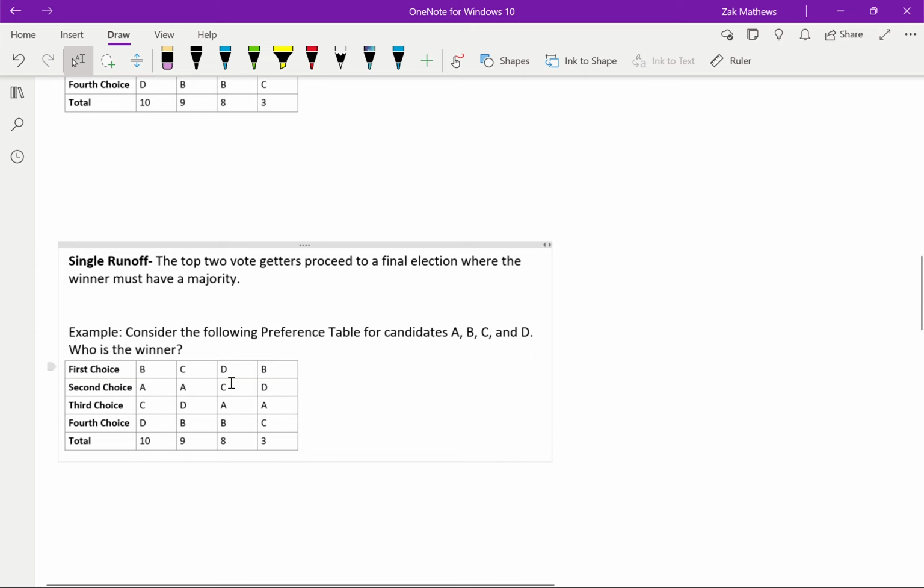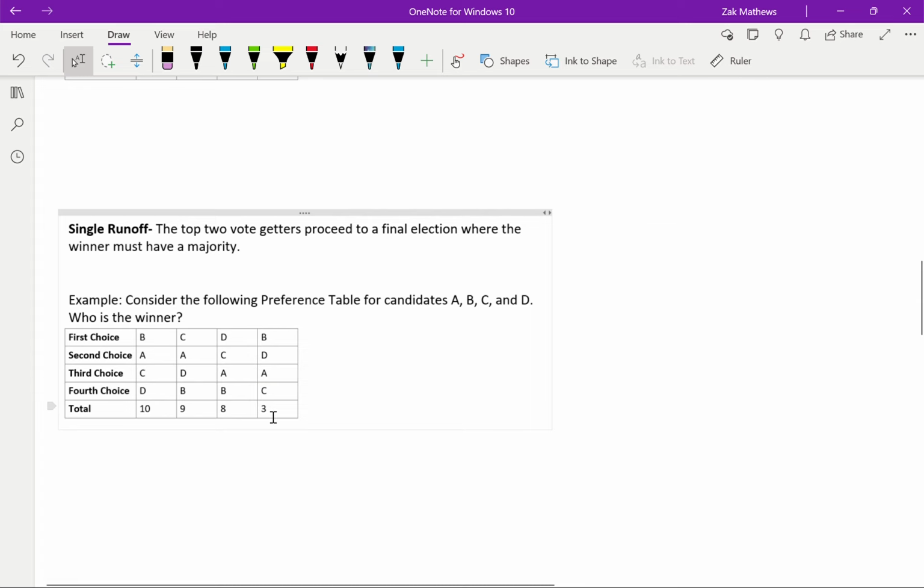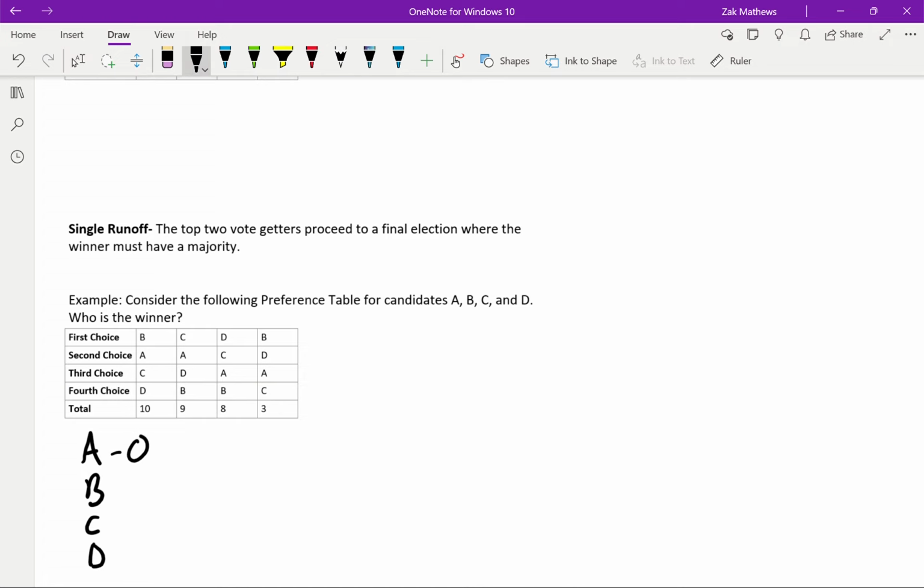So we want to determine who wins in this system. For the top 2 vote getters, we have to count up. Let's think about how many votes each of A, B, C, and D got. Well, A is easy. A got no first place votes, so they're definitely out. A is not going to be in consideration here. B was these 10 individuals' first choice, and also these 3 individuals' first choice.